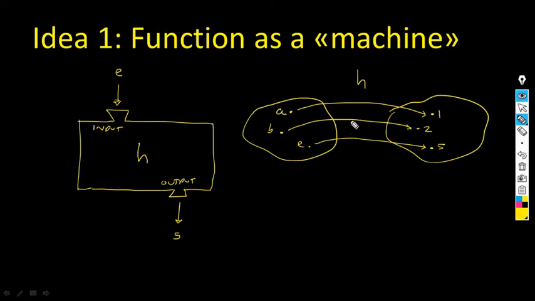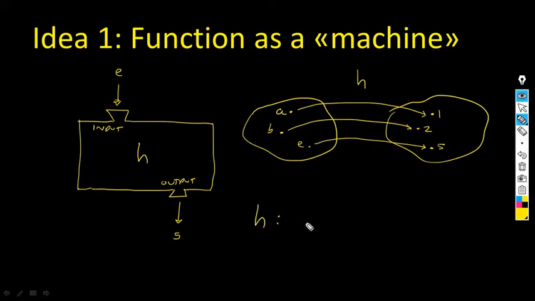Okay, so what is this machine doing? This machine receives letters, which are not numbers, right? And what this machine is doing is it's giving you its order in the alphabet, right? A is the first letter, B is the second letter, E is the fifth letter.